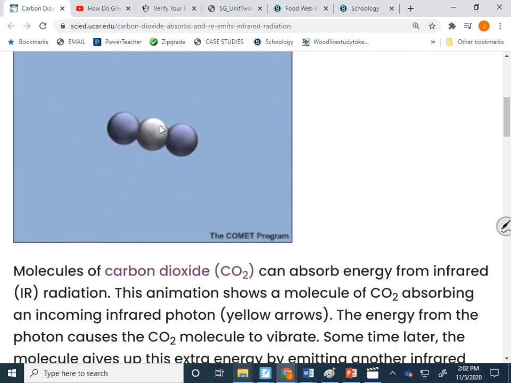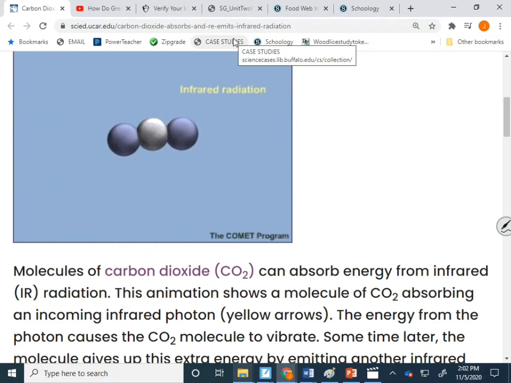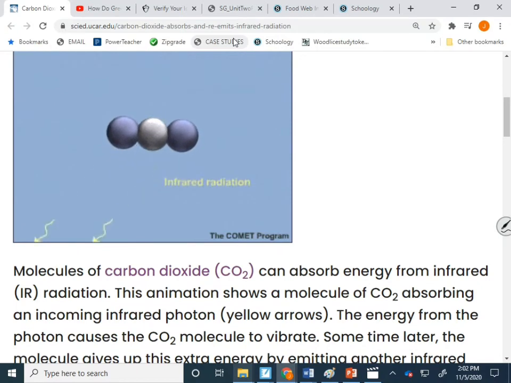Here's your carbon dioxide molecule. Okay, the infrared radiation hits the CO2 molecule, it absorbs it, and then it reflects it back down to the Earth. So it's the vibration of these molecules, the movement of these molecules caused by polarity, that allows greenhouse gases to trap heat.